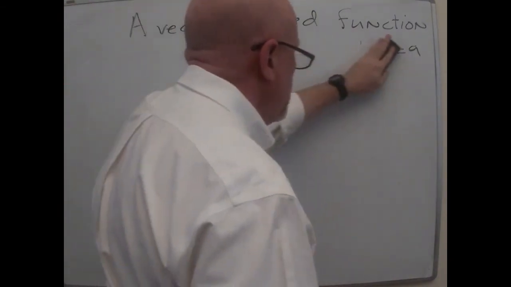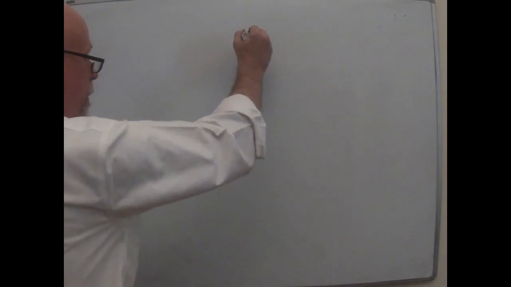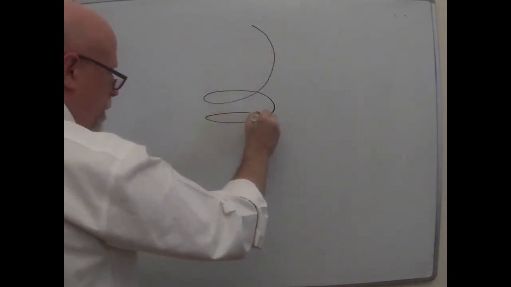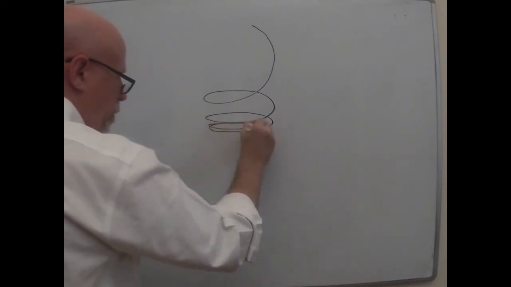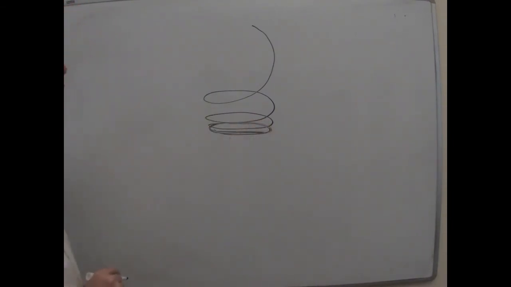So do you remember how the graph in example 5 looked? It's sort of a spiral, but the loops of the spiral are getting closer together, and then eventually going around and around, approaching a circle in the plane. That's the way it looks.